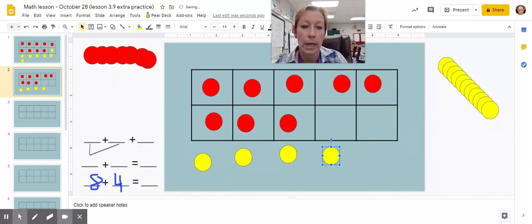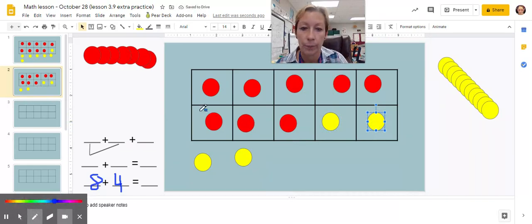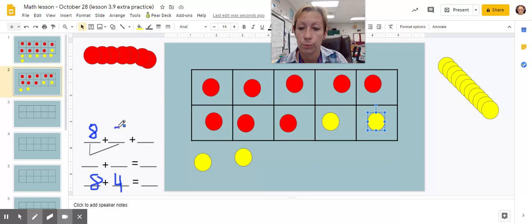Now, as you can see, I have open frames. I don't like those empty spots. I need to take 2 of those and just move them over. So let's look at my numbers now. I started with 8. How many did I move over? 2. And how many are under my frame now?